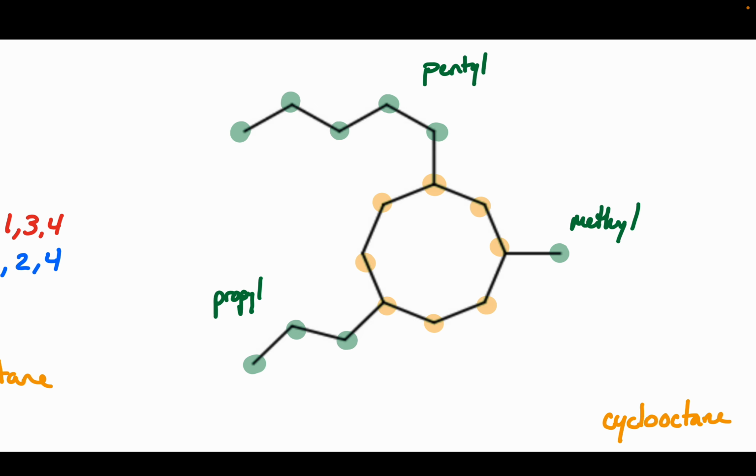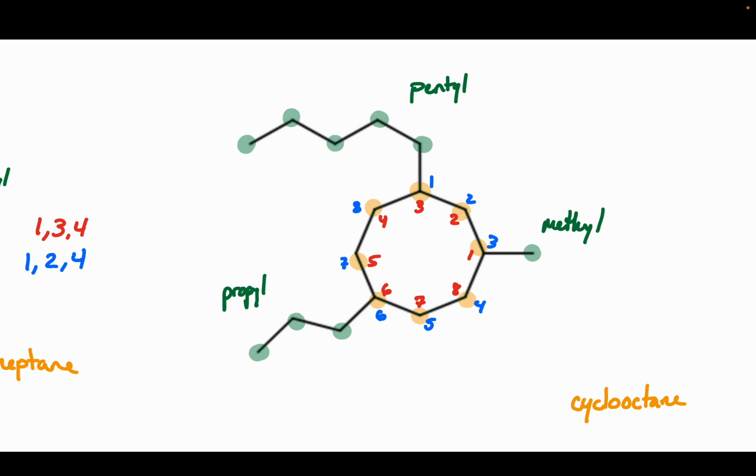All right. So what we want to note is that these two are the closest. So we're going to start numbering 1, 2, 3, 4, 5, 6, 7, 8, or we can go the other way, 1, 2, 3, 4, 5, 6, 7, 8.